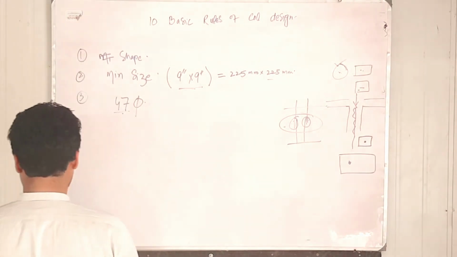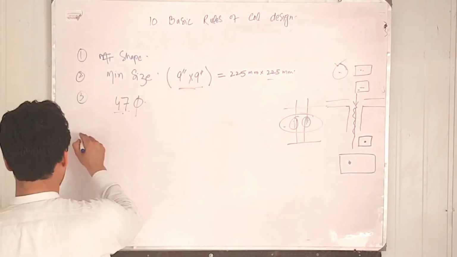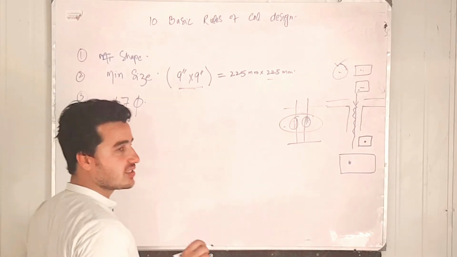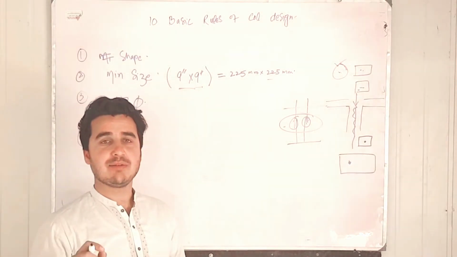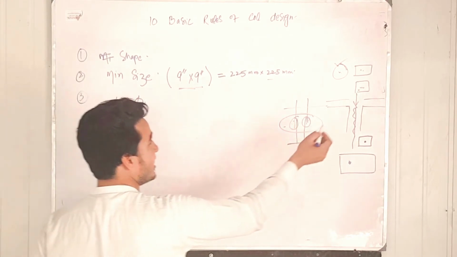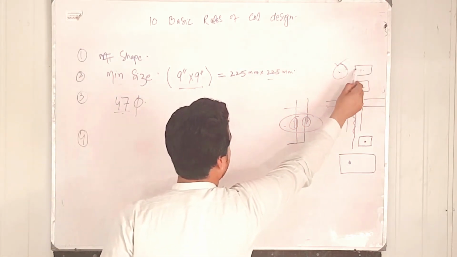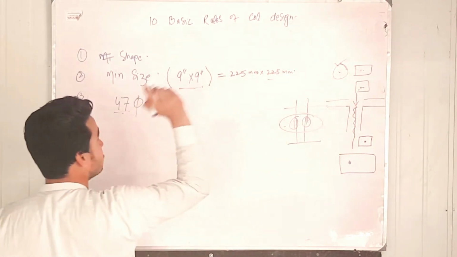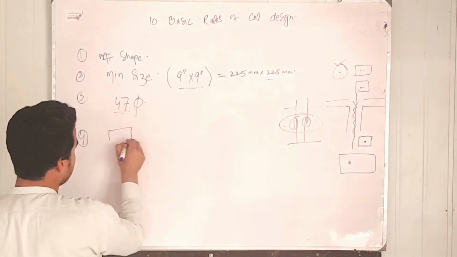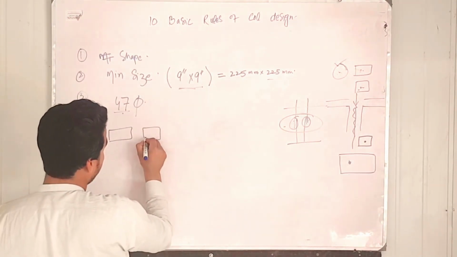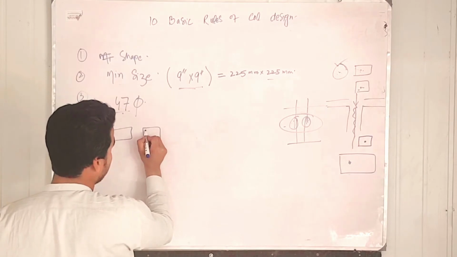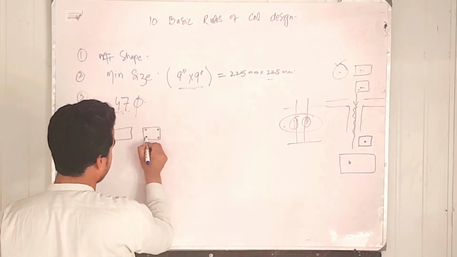The rule number 4 is about the minimum number of bars that will be used in any type of column. As I said, we have 3 basic types: rectangular, square, and circular. In rectangular and square columns, the minimum number of main bars will be 4.